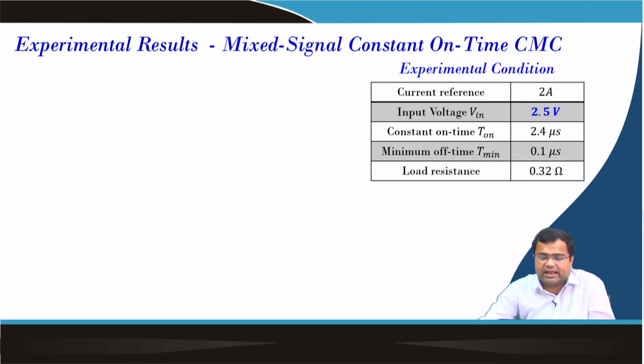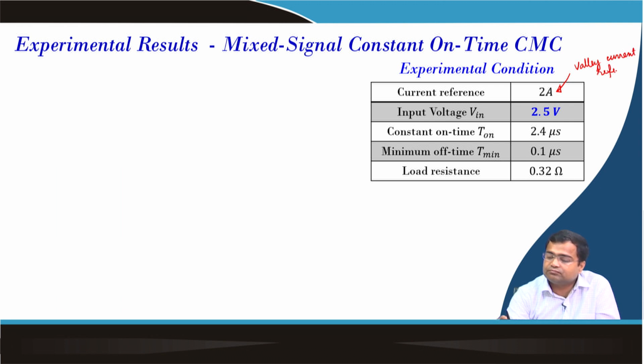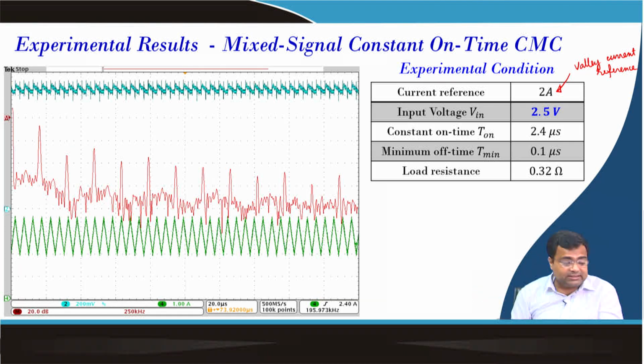First we are taking the current reference to be 2 ampere, because it is a valley current reference, since it is constant on time control, and this is the experimental result.